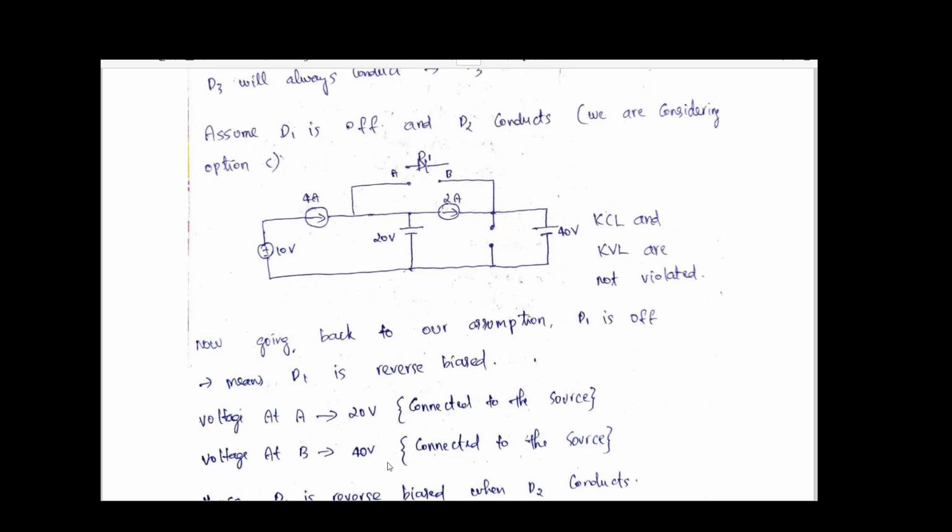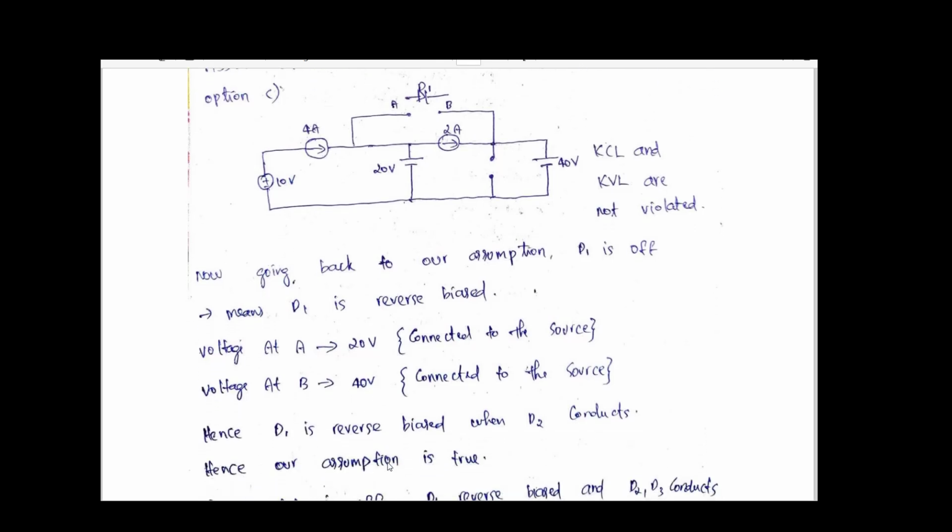So voltage at B is 40 volt. What does that mean? Voltage at A is lower than voltage at B. That means this D1 is reverse biased. So that is our assumption also. Assumption itself is that D1 is reverse biased and after solving the circuit, we are getting the same. So that means our assumption is true.